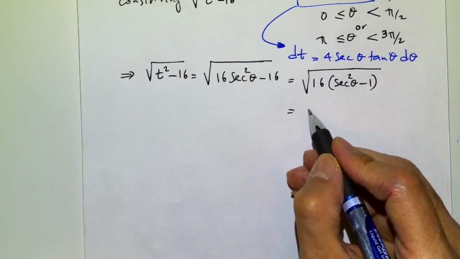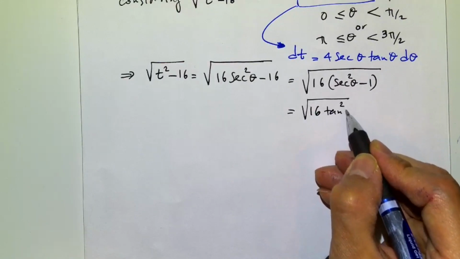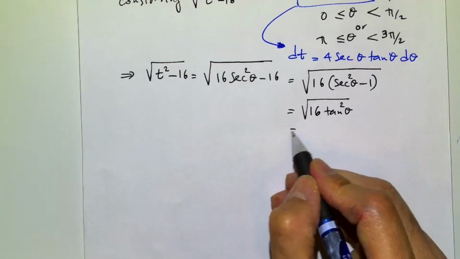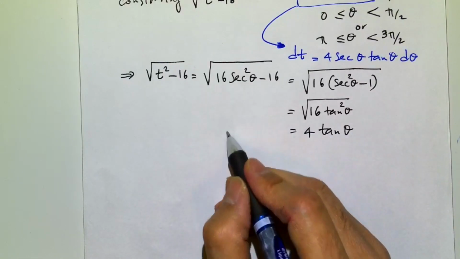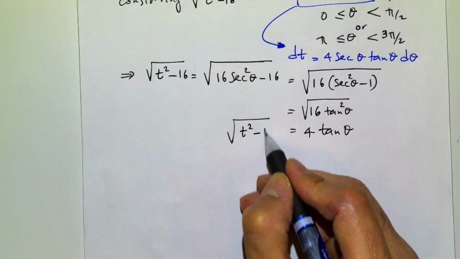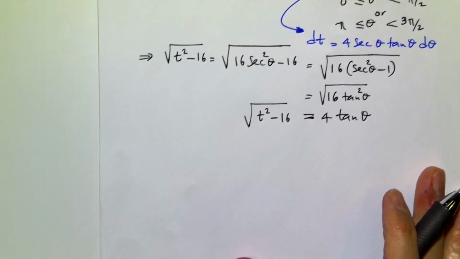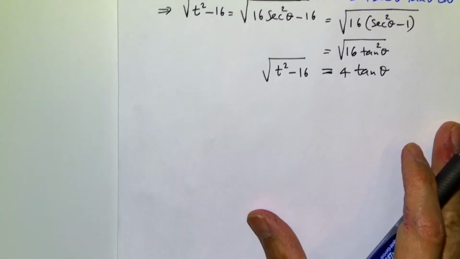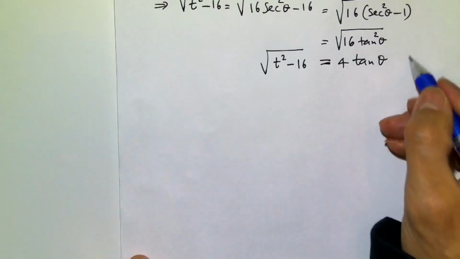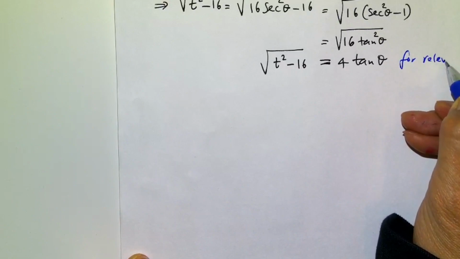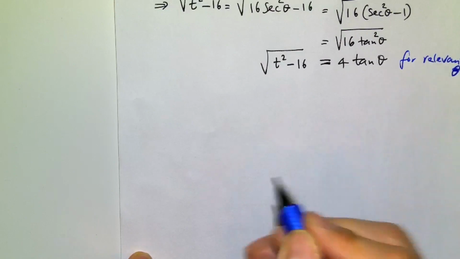So this is equal to 16 tangent squared theta, and therefore we have 4 tangent of theta. So this is equal to the square root of t squared minus 16. We found an equivalent for it, for the relevant values of theta.